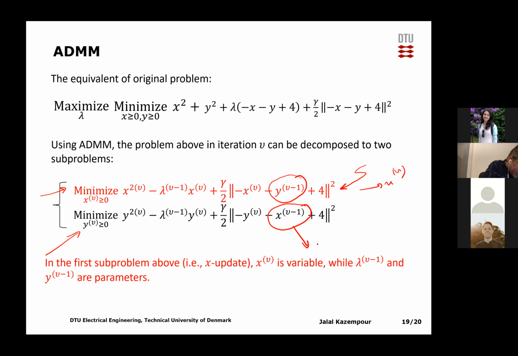Shall I write x in new, or should I keep it x in iteration new minus 1? Any pros and cons? Is the question clear? Nicholas says x new converges faster. Priyanka says to solve simultaneously. Okay, two very good answers, but if we put them together, what are the pros and cons?